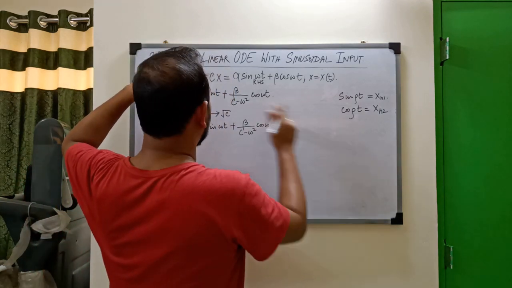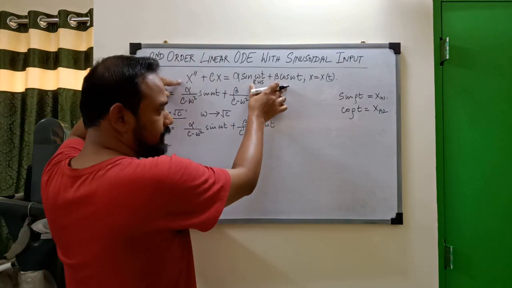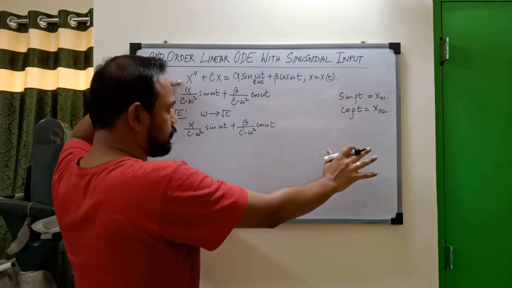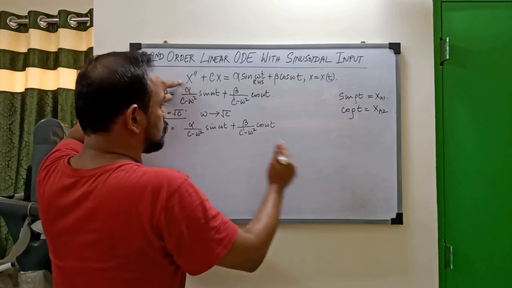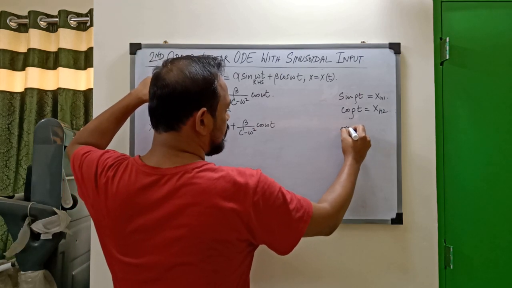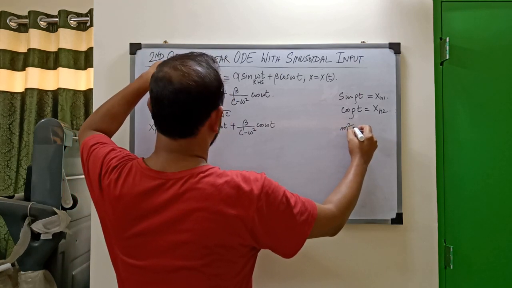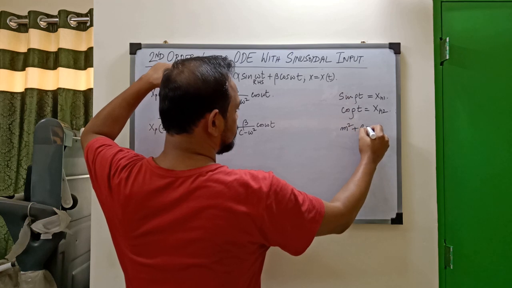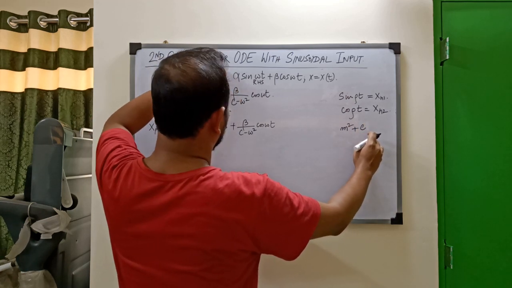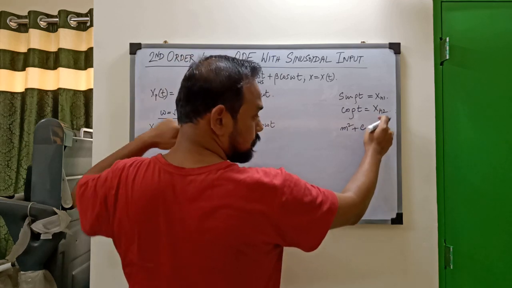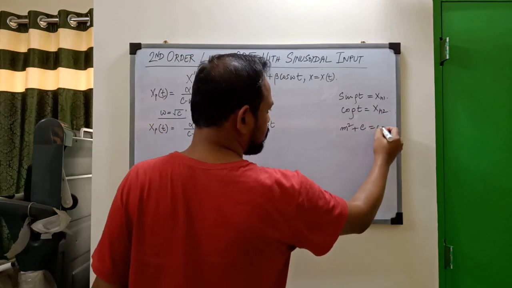The homogeneous form is just 0 on the right hand side, so no external force on the system. The auxiliary equation was just replacing the x by m and the primes by indices, m square plus c, x with no prime, so m to the power 0, that is 1. This is the auxiliary equation.